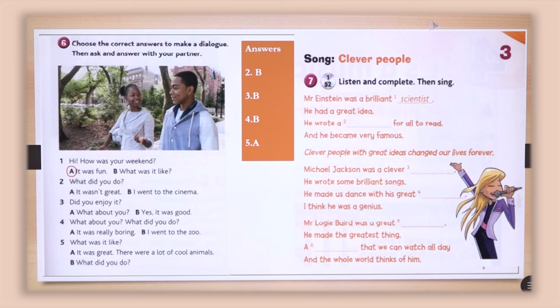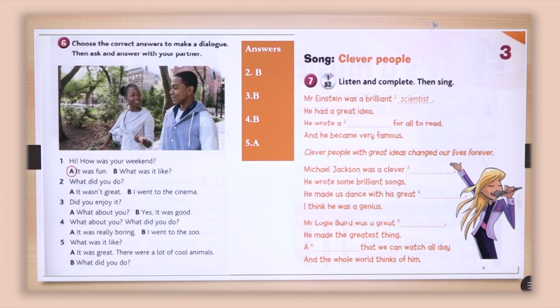Clever people with great ideas changed our lives forever. Michael Jackson was a clever composer. He wrote some brilliant songs. He made us dance with his great music. I think he was a genius.